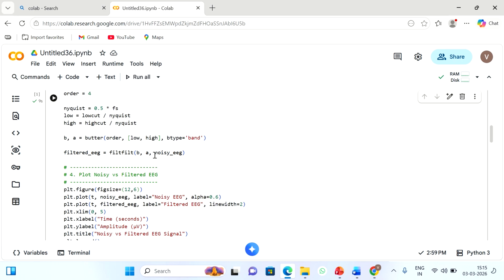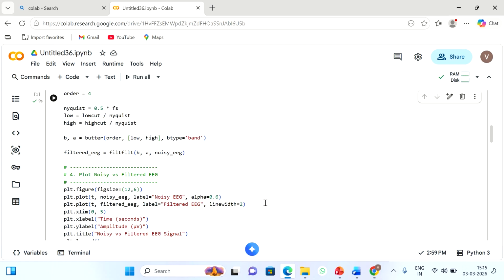And then plt.plot(t, filtered_EEG, label='filtered EEG', linewidth=2).